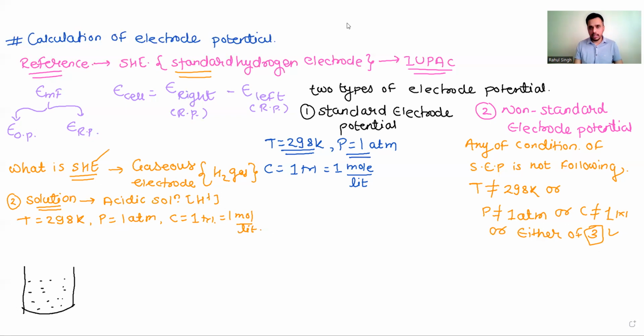We can take HCl solution for this, because 1 H plus ion will be given out. So here we take HCl, not H2SO4, because if we take H2SO4, it will give 2 H plus ions. So we require a 1 molar solution, that is, a 1 molar H plus ion concentration.